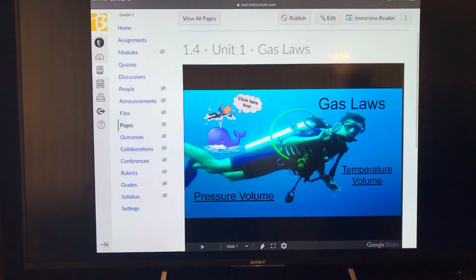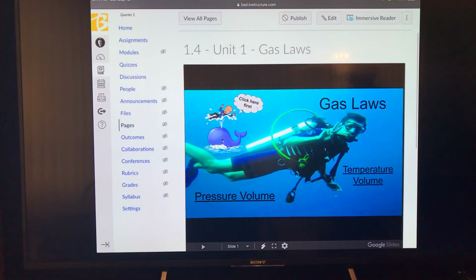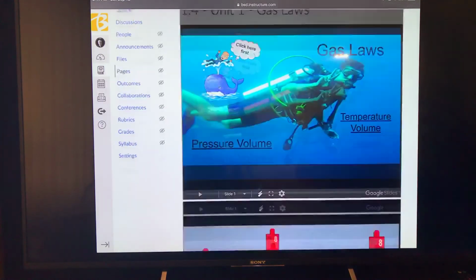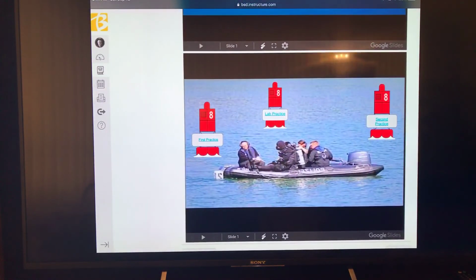Then under temperature, volume, pressure, volume, there's some practice on doing gas law problems, and you're going to be able to actually do those down here. There is a lab on the center one that you need to do. Because there's only 3, I need you to do all of these.